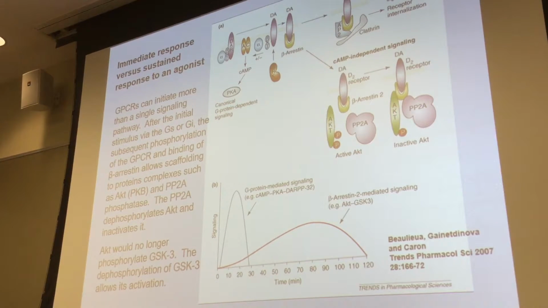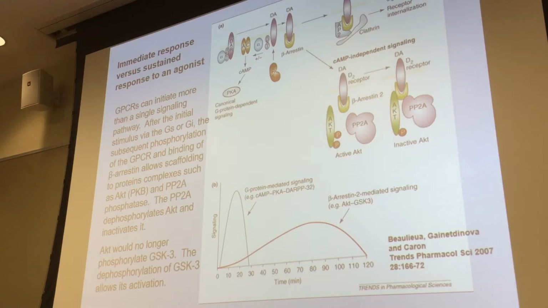Okay, so our responses can be long-term responses or short-term responses, and we can get our sustained responses through our beta-arrestin pathway after we've gotten a very short PKA pathway. So one of these mechanisms is through arrestin that can bring the AKT to the membrane.